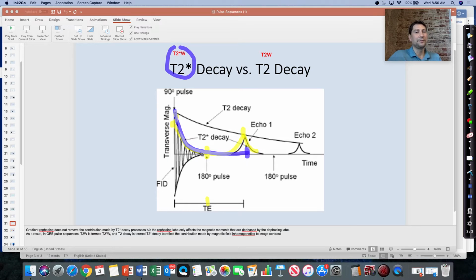It does regrow a little bit due to those gradients, but nothing compared to how high that signal gets with our 180-degree refocusing pulse. So we're getting T2 star decay due to three things. What are those three things? Field inhomogeneities, magnetic susceptibility, and chemical shift. Always relate T2 star to those three properties. So anytime you're describing T2 weighting in gradient echo, you have to add on that little star.